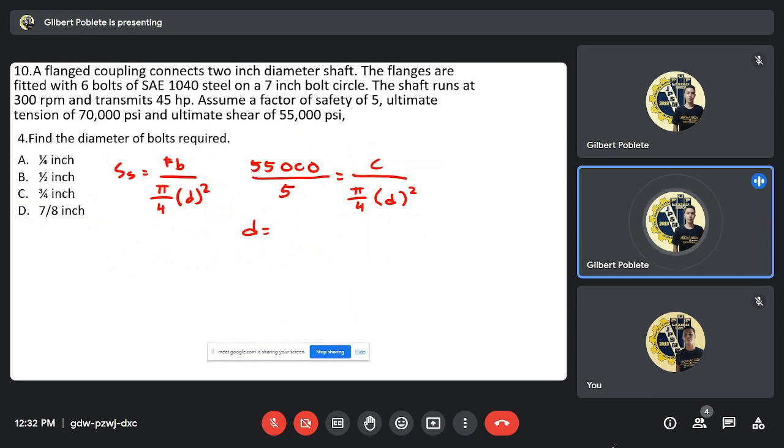So 55,000 over 5 equals C over pi over 4 x squared. And shift solve.